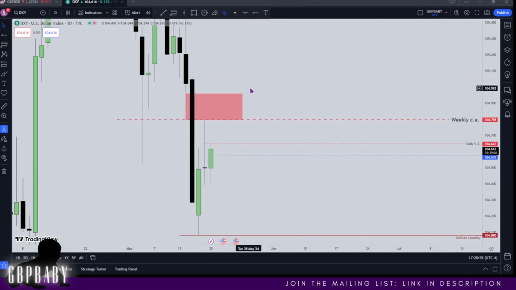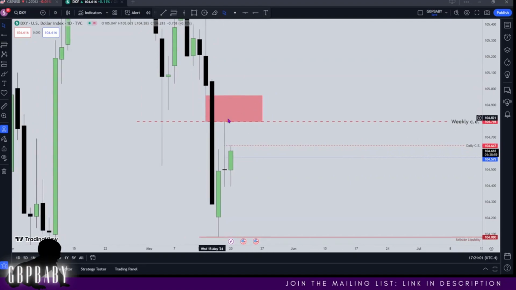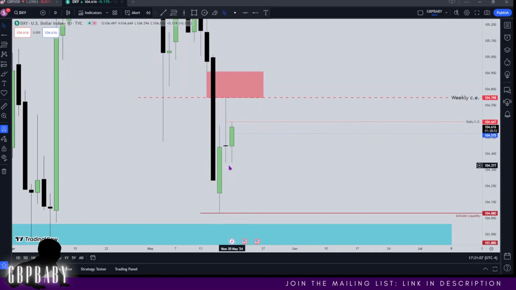Now again, if you've watched yesterday's video, you'll know that I had my eye set on this fair value gap as a potential premium draw on liquidity before we see our reversal for the week. So also, what you'll find is now we have 2 daily lows right here. This is going to create a beautiful sell side liquidity for us to come and grab.